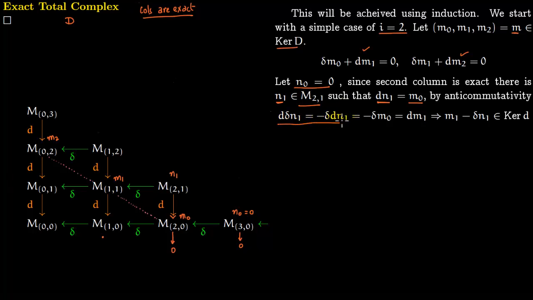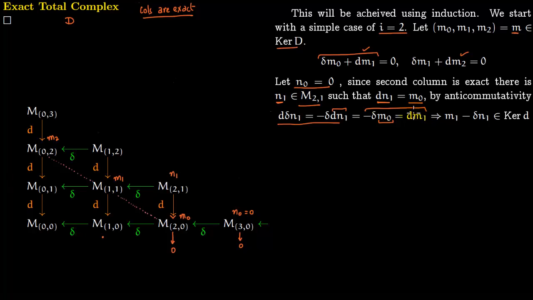But this d of n1 you have set as m0. So instead of d of n1 you write m0. Now this part comes from this equation. So d of m1 is equal to minus delta m0. So this we are getting from right here.